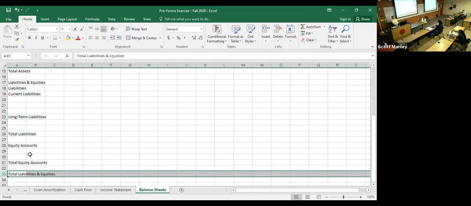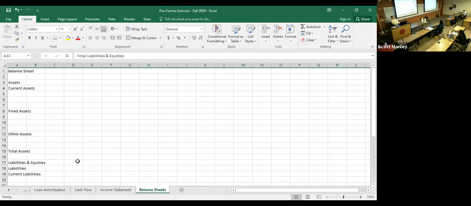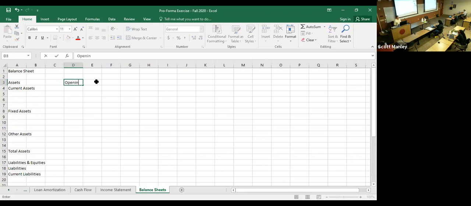You remember the hot dog exercise, right? The balance sheet is always going to balance. Every single transaction that you ever do in business is going to be reflected on your balance sheet. It gets a little more difficult. Remember, there's two balance sheets. There's opening day, and there's end of year one.